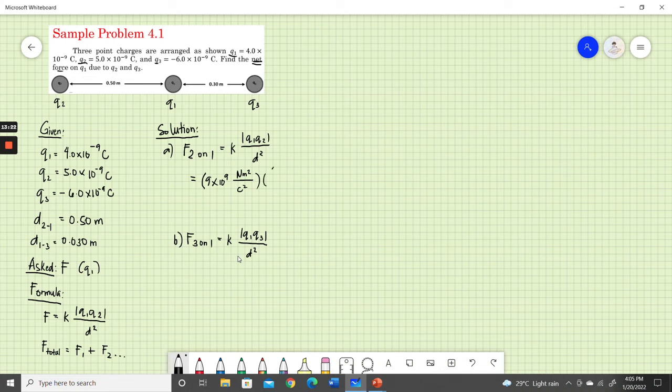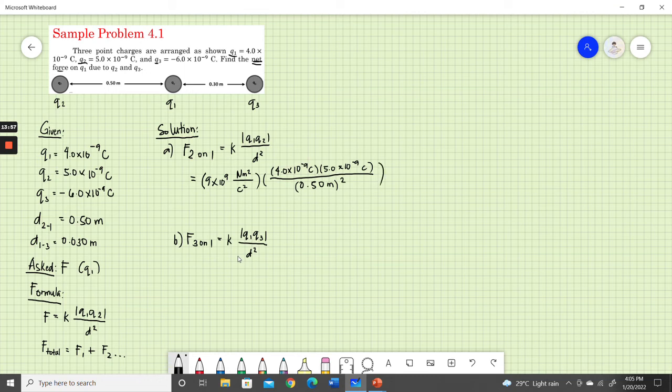Then the absolute value of Q1, which is 4.0 times 10 raised to negative 9 coulombs, multiplied by the absolute value of the charge of Q2, which is 5.0 times 10 raised to negative 9 coulombs. All of this divided by the distance between them. We know that the distance between 2 and 1 is 0.5 meters, and we have to square that.